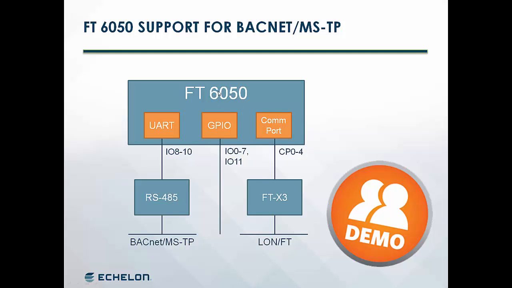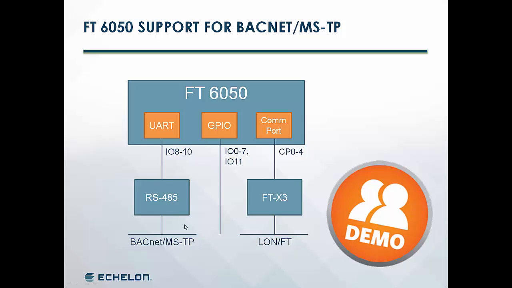So here we have an FT6050 with its standard comms port connected to an FTX3. We have the GPIO. In this instance, we have IO 0 through 7 and IO 11 because the UART is using IO 8, 9, and 10 in conjunction with an external RS485 transceiver to support BACnet MSTP.